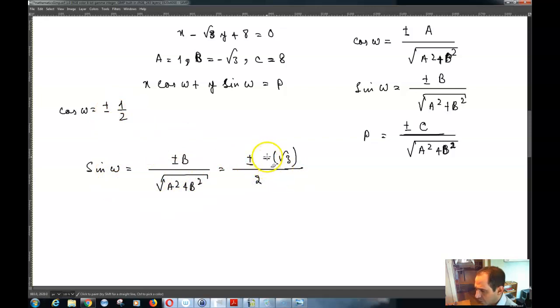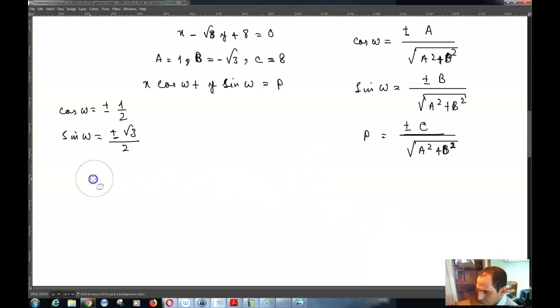And you can forget about this negative sign because it will be taken care of by these two signs. So you have sine omega is equal to plus or minus square root of 3 over 2.